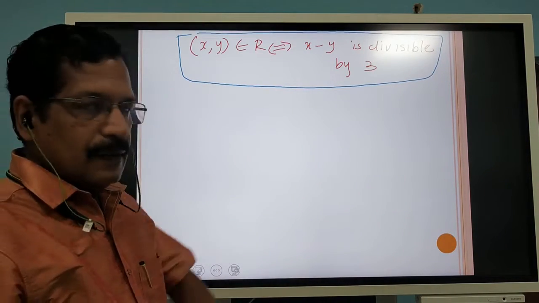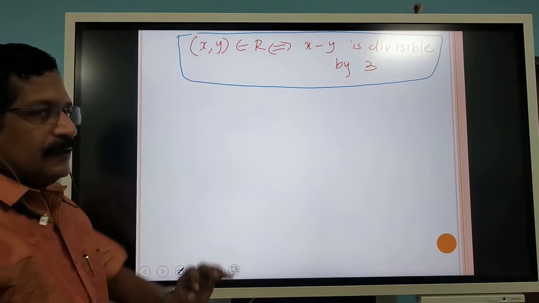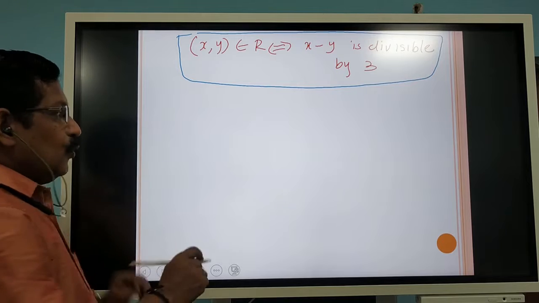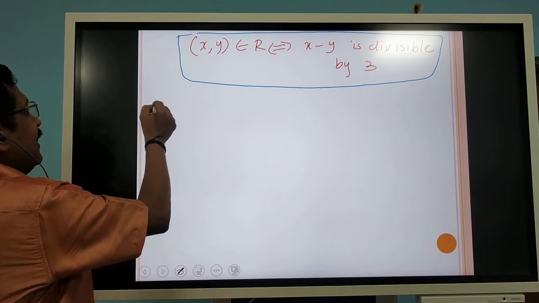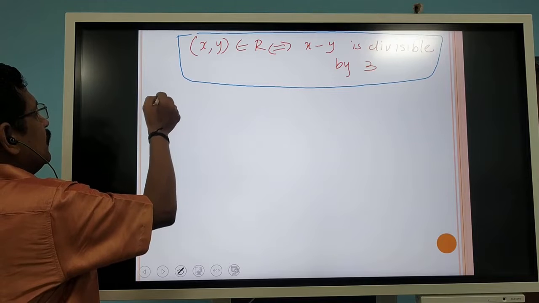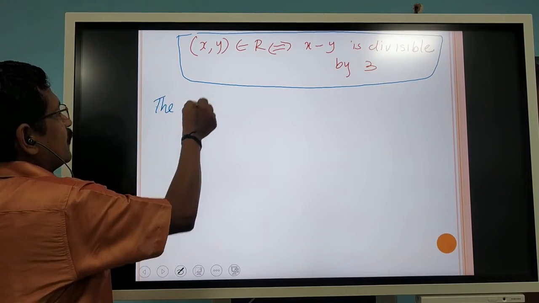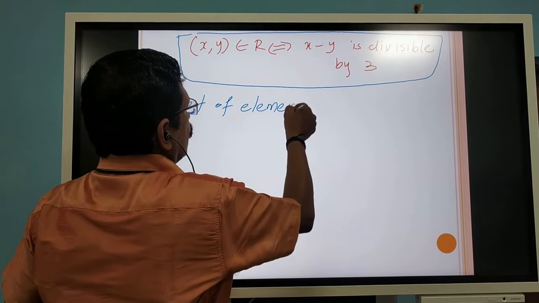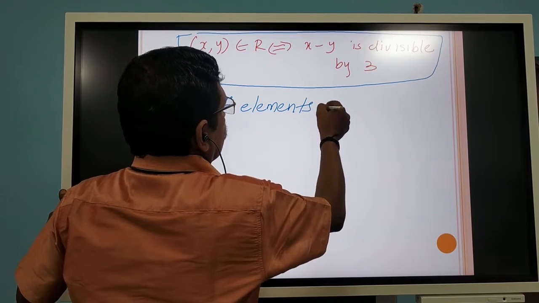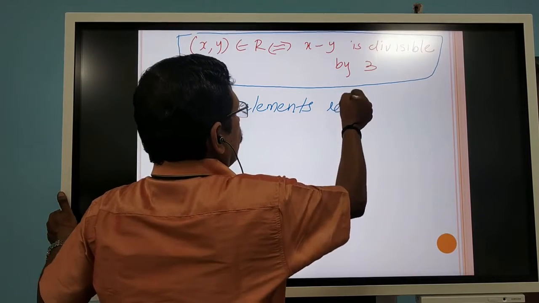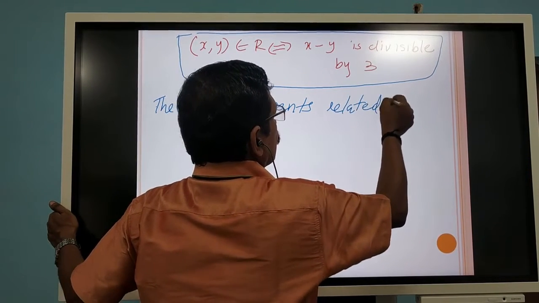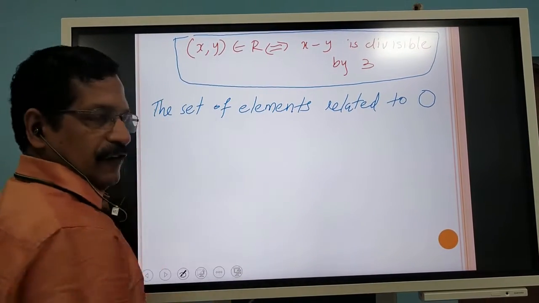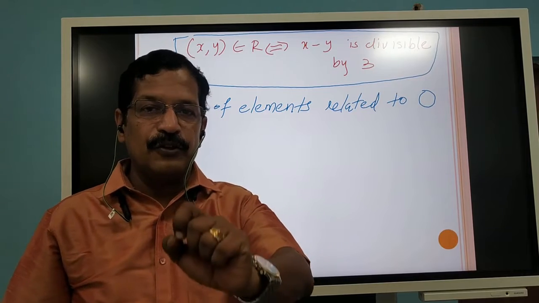Now, let us say the set of all integers is defined. Under this relation, let us find the set of elements related to 0.